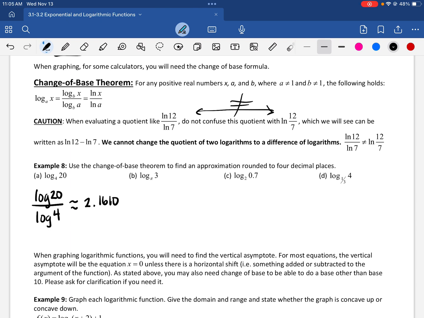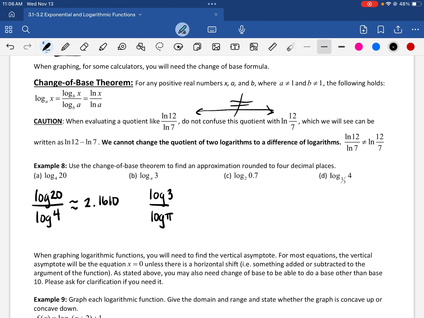I'm probably going to end up making a separate video that focuses just on the calculator. I'm afraid if I go to that calculator right now, it might stop recording my video. I'll do another one, letter B. Log of x, which is where 3 is located, divided by log of a, which is where pi is located.